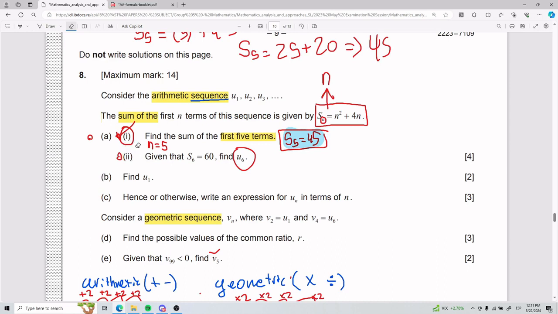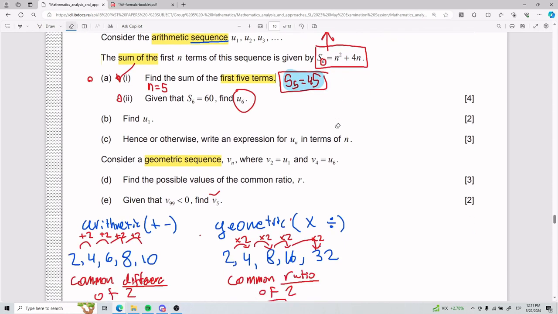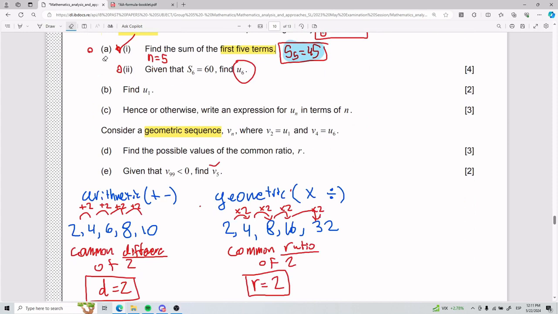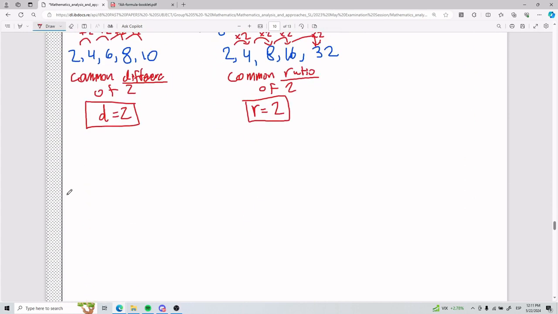For part A double I, they tell you that S of 6 equals 60. You know that S of 5 is 45 from before. So what is U6? This is actually very straightforward, and let me explain it with the following idea. You know that S of 5 equals 45 and S of 6 equals 60.